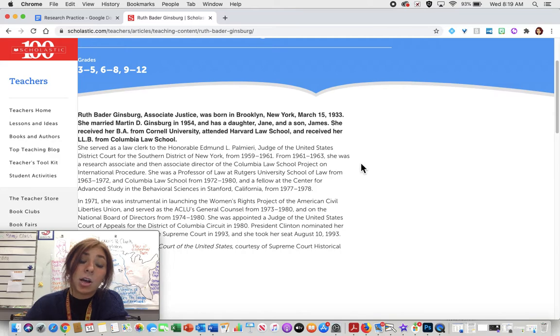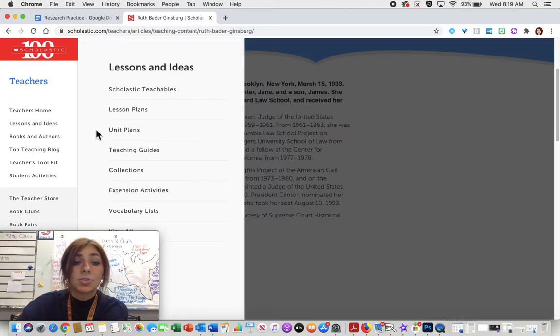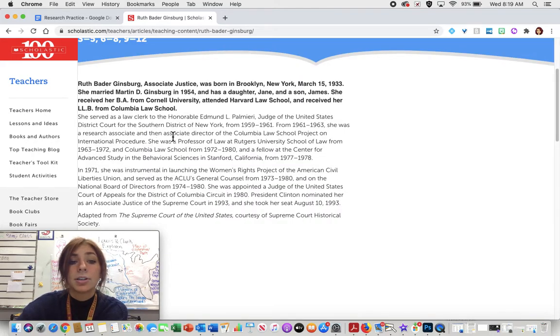She served as a law clerk to the Honorable Edmund L. Peremy, Judge of the United States District Court for the Southern District of New York from 1959 to 1961. From 1961 to 1963, she was a research associate and then associate director of the Columbia Law School Project on International Procedure.